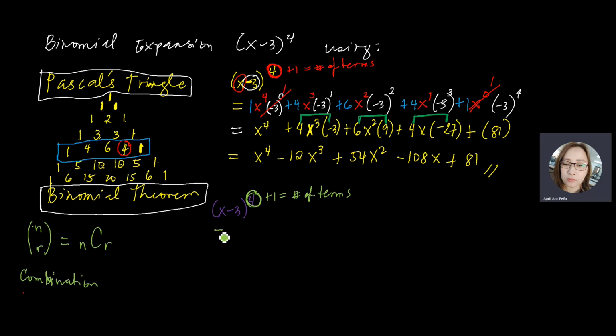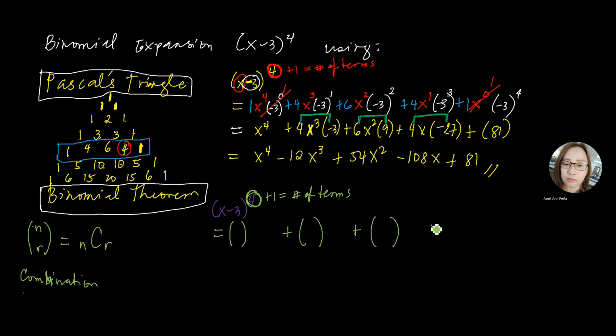So we do have here equal. So let us put the parentheses. That is a combination. So 1, again, 5 times. 2, 3, 4.